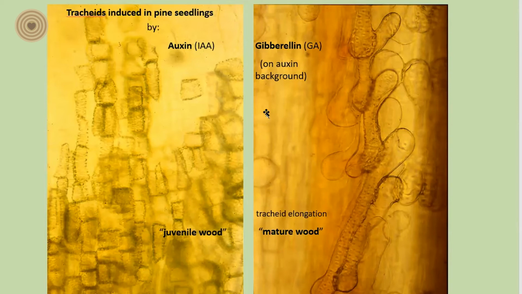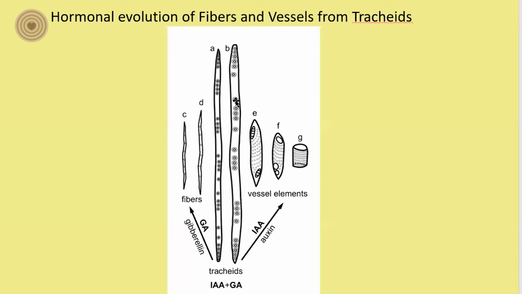To summarize, what we have just seen is the normal evolution of tracheary elements. In primitive trees, in conifers, we have tracheids that are induced by auxin and gibberellic acid. During evolution, cells became more specialized, and from only auxin, we start to get vessels.